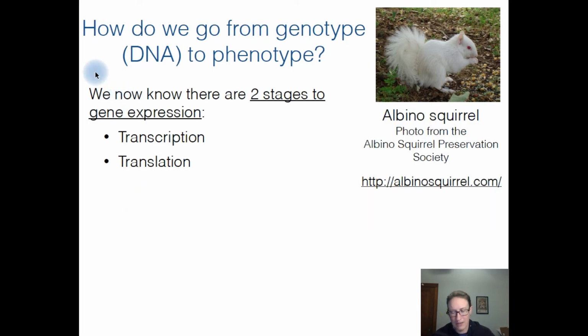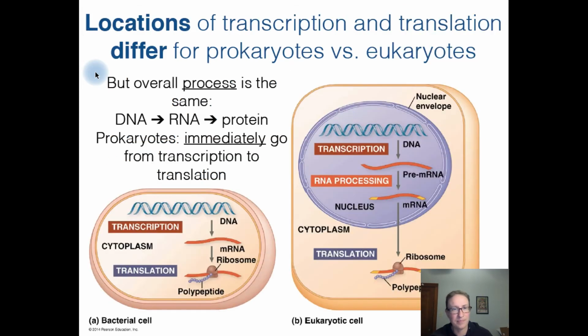Building off of that initial work by Beadle and Tatum, we now know that there are two distinct stages to the process of gene expression, referred to as transcription and translation.